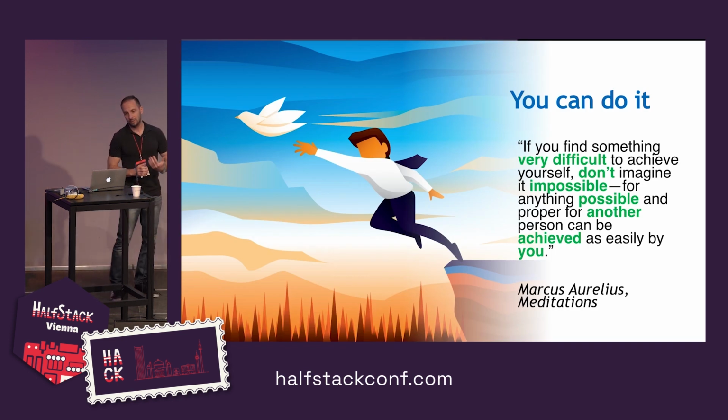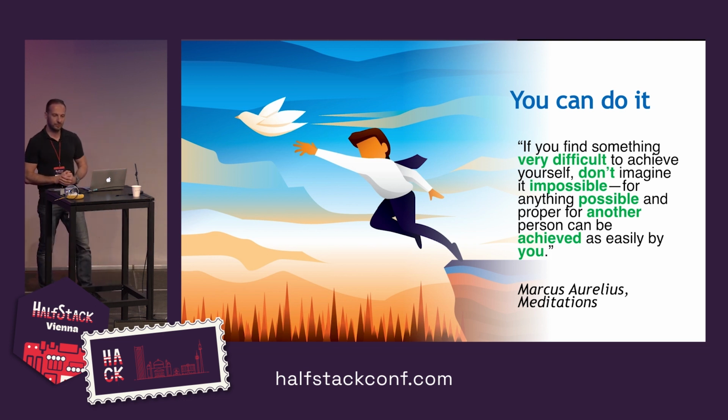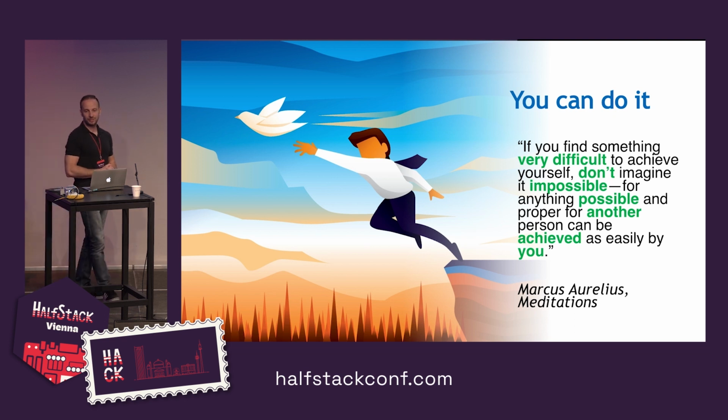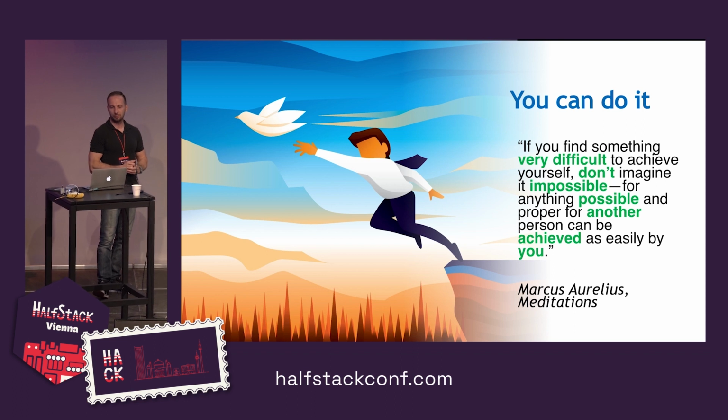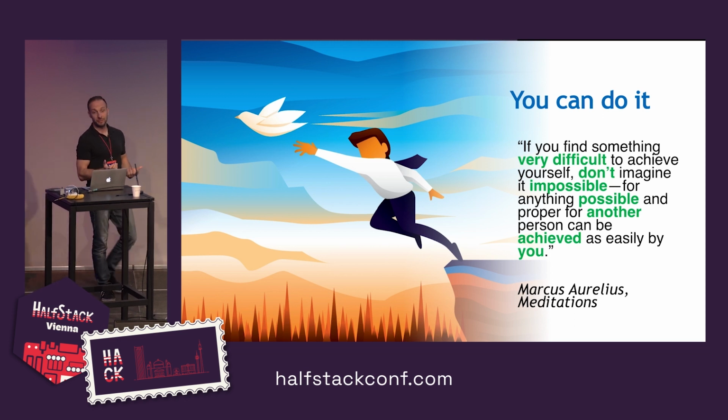Another principle, from Marcus Aurelius, from Meditations, is: if you find something very difficult to achieve yourself, don't imagine it's impossible. For anything possible and proper to another person can be achieved also by you. So basically, we can divide people into two groups.